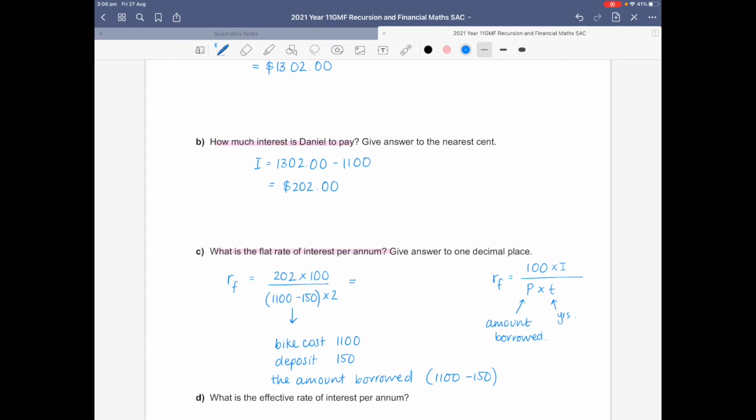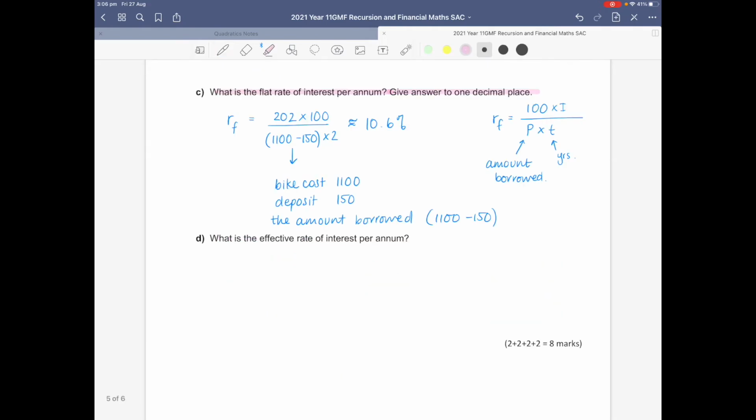Alright, so putting that into your CAS calculator, you will get an answer that is approximately 10.6% per annum.